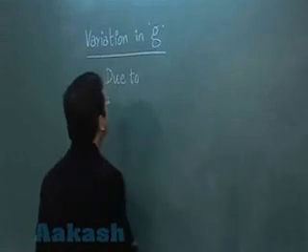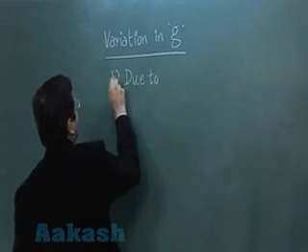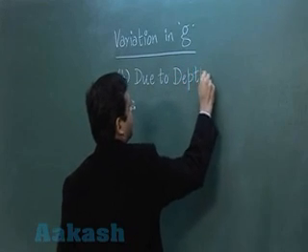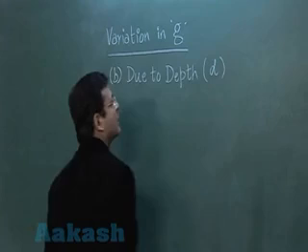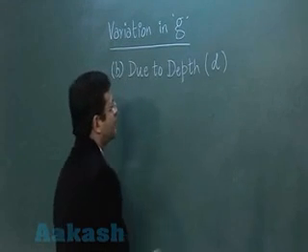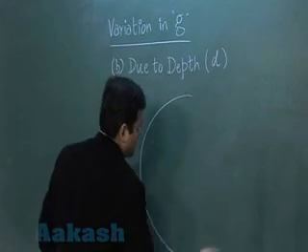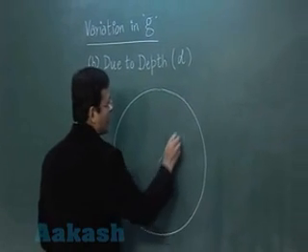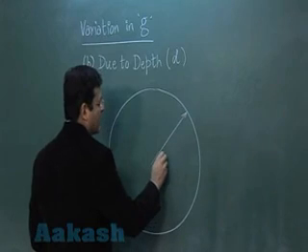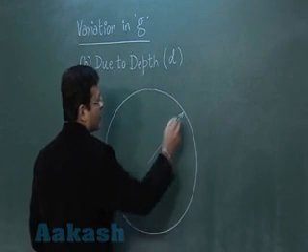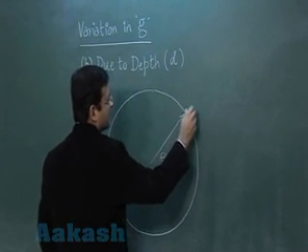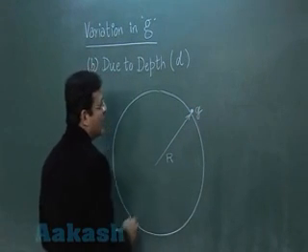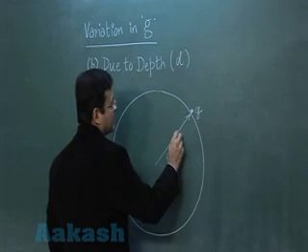Now let us discuss the variation in g due to depth. Let us denote depth by small d. Consider this is our earth, and this is its radius R. At the surface of the earth, let the acceleration due to gravity be g, and you have gone to a depth d from this place.